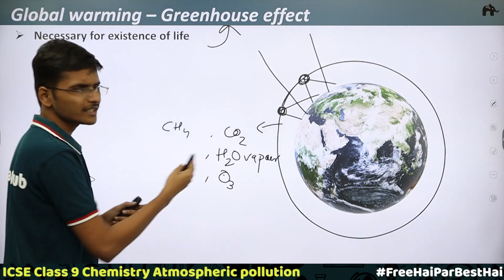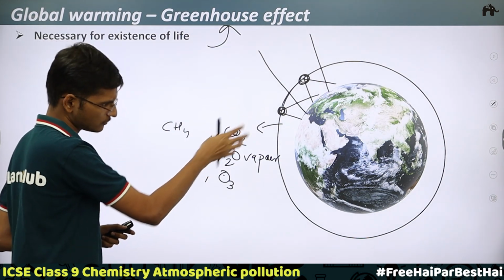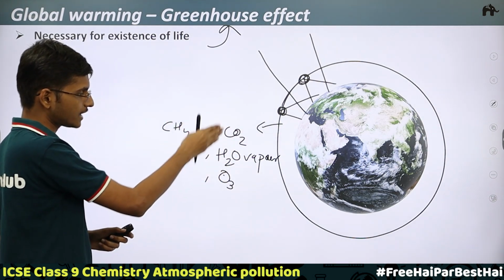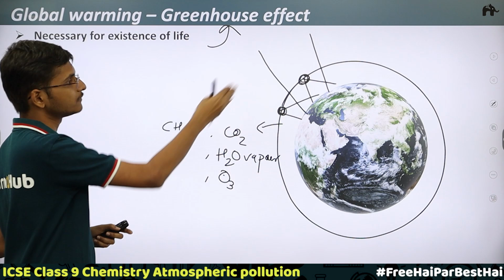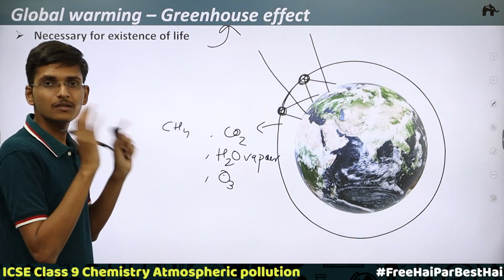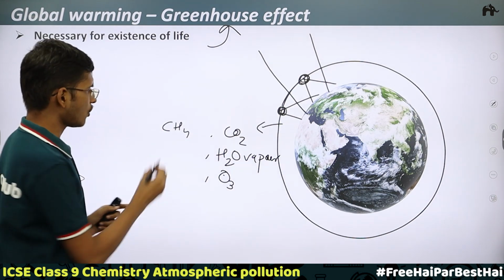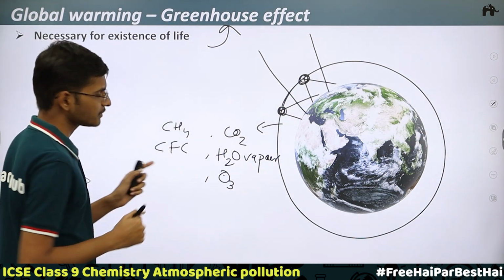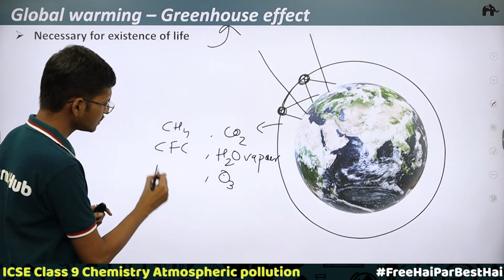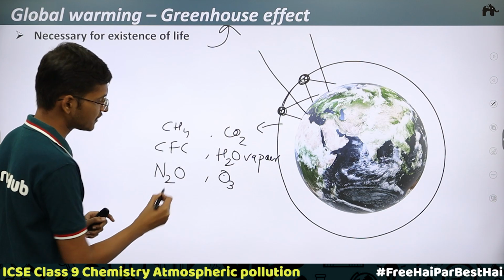Carbon dioxide can also be produced by humans, but it also occurs naturally. Apart from the naturally occurring gases which trap the infrared radiation, some are being artificially produced by us, like methane, chlorofluorocarbons, the CFCs, or the oxides of nitrogen, which is nitrous oxide.